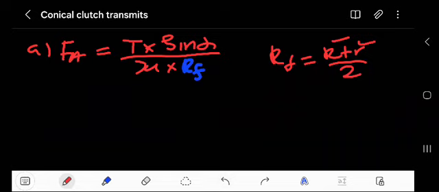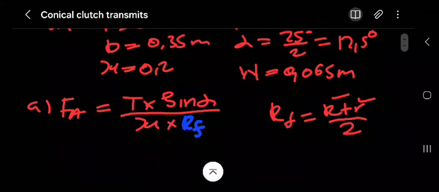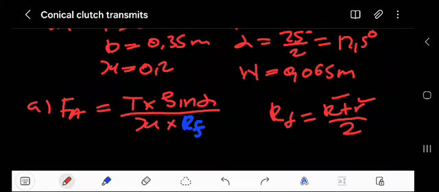Nevertheless, we have the outside diameter. You can divide that by 2, and you'll get 0.175 meter, since 0.35 divided by 2 is 0.175 meter.